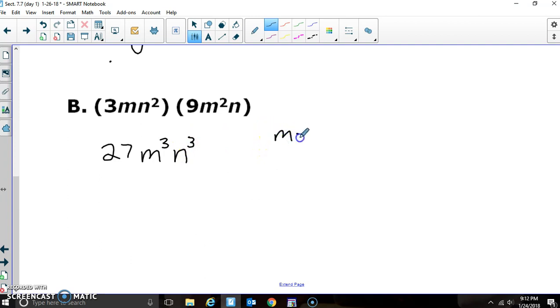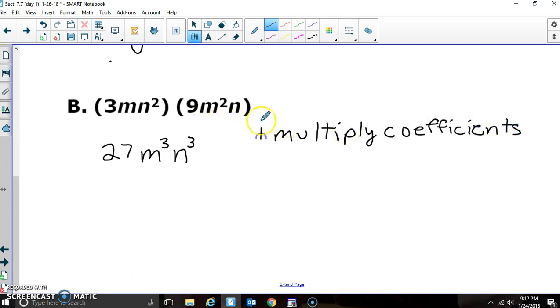So multiply coefficients, which are the numbers in front, and add exponents. Okay, so those are two rules for when we're multiplying. All right, that is a monomial times a monomial.